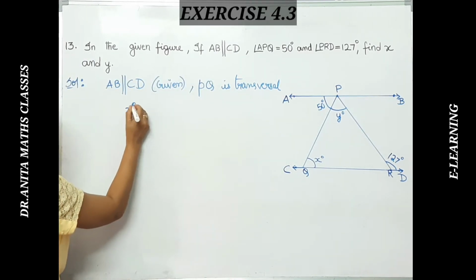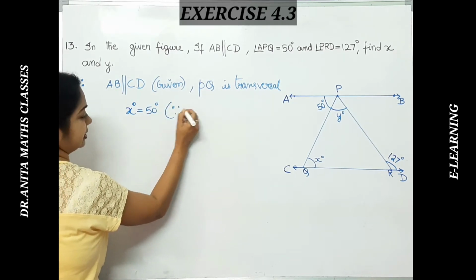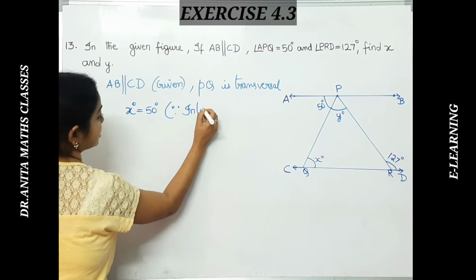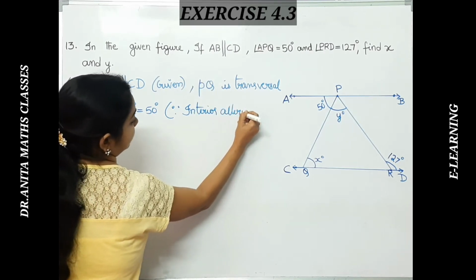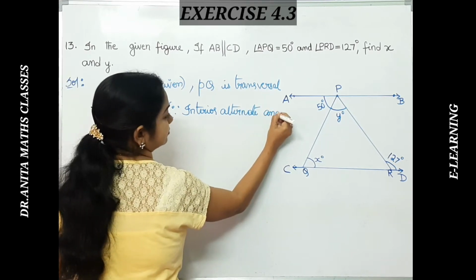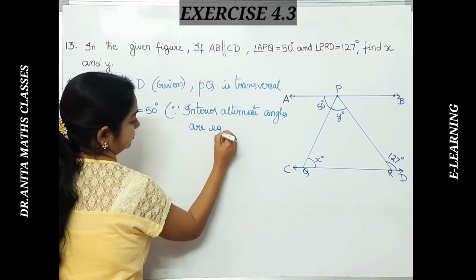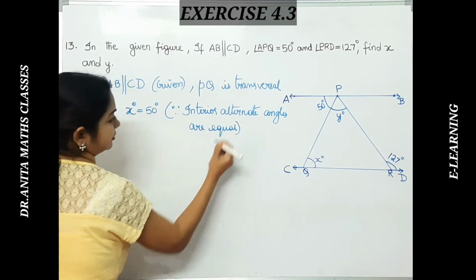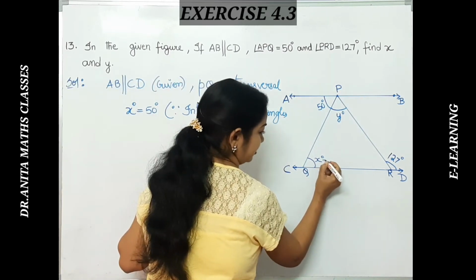So X degrees is equal to 50 degrees, since interior alternate angles are equal. Right, so we got the X value. This is 50 degrees.